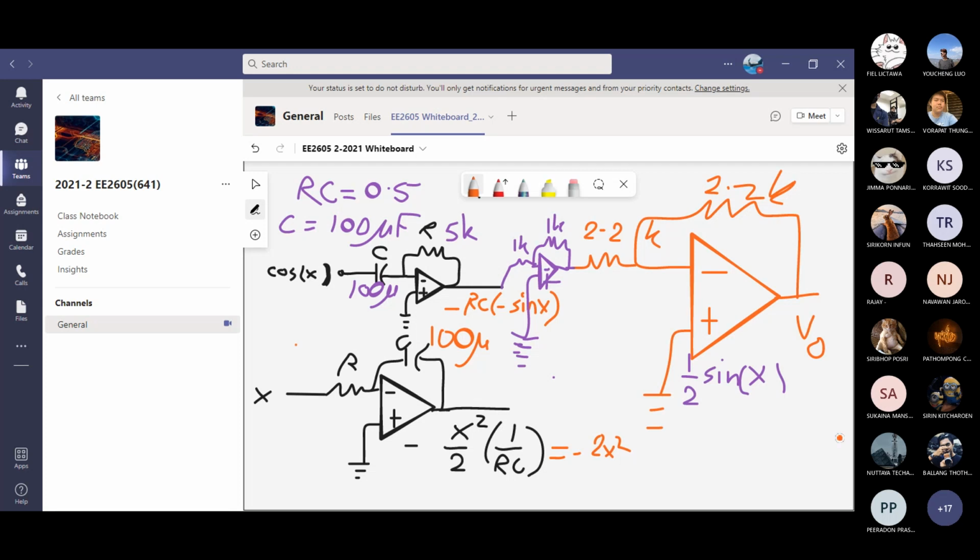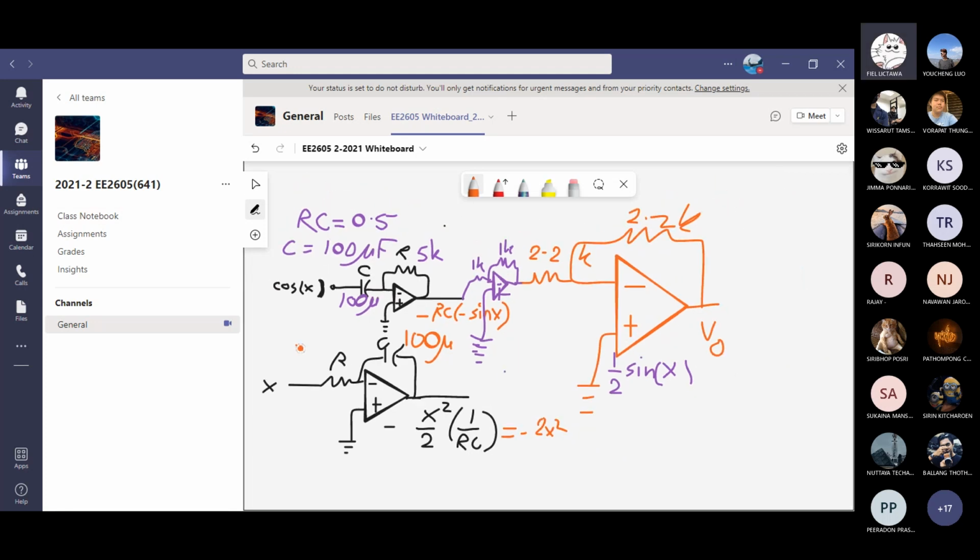That is R. How many kilo ohm? Student: 2.5 kilo ohm, 2500 ohm. So this value is 2.5K.